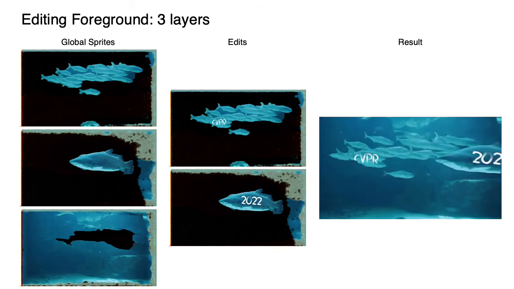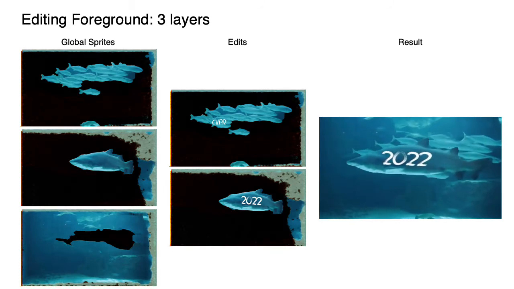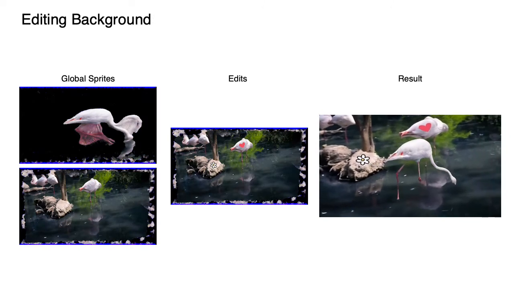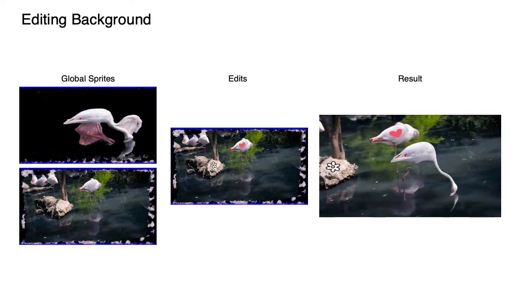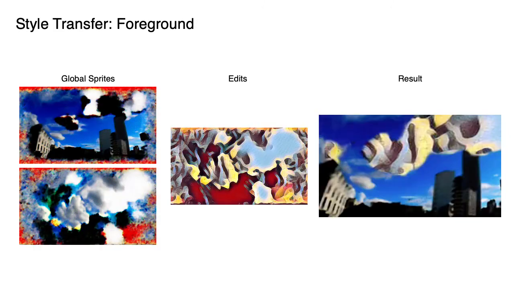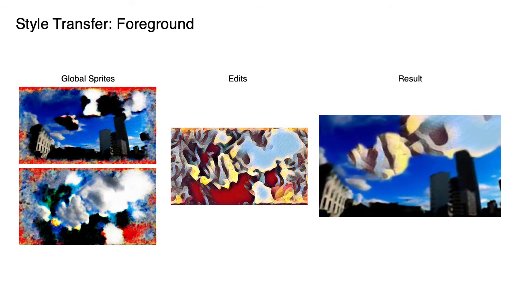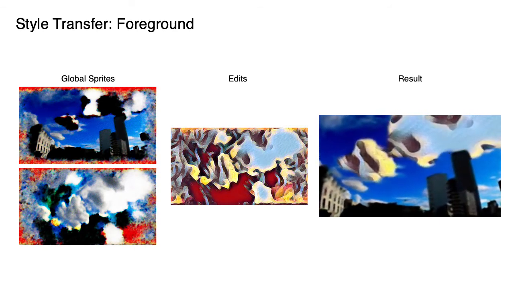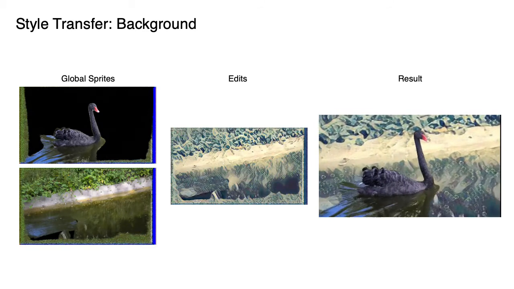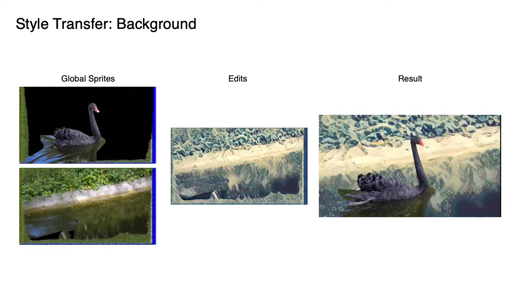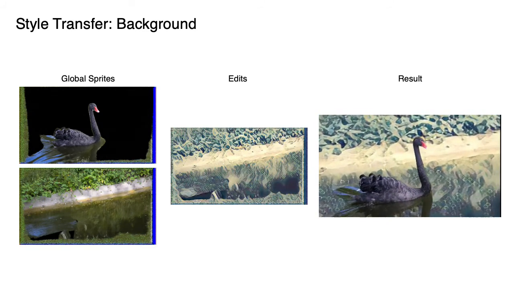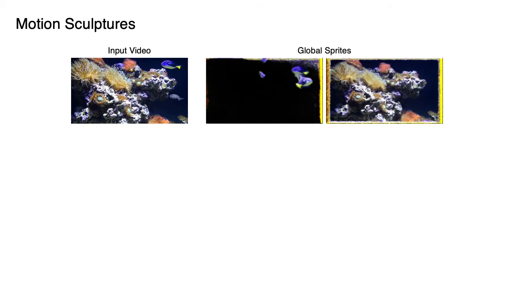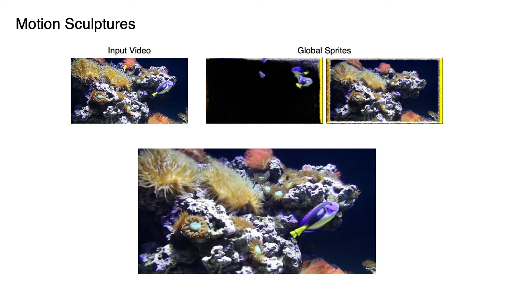Here, the edited moving layers are consistent with occlusion effects. We can also swap out the sprites entirely with a style transferred version. We can also make motion sculptures of the moving foreground.